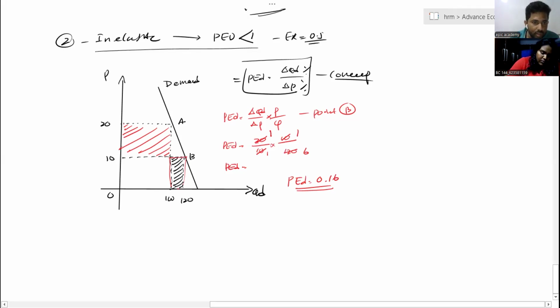Just look at the change in prices. This is the change in price. It takes a greater value. This is the change in quantity demanded. It takes a lesser value. As an example, it changed from 10 to 20. 10 to 20 means 100%.